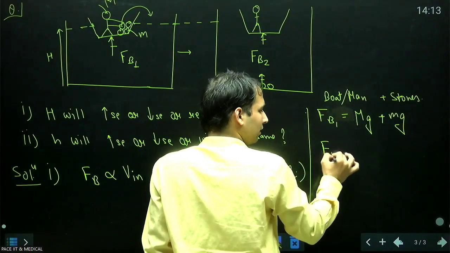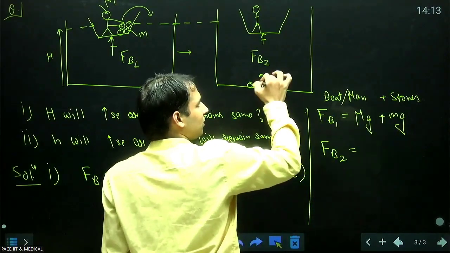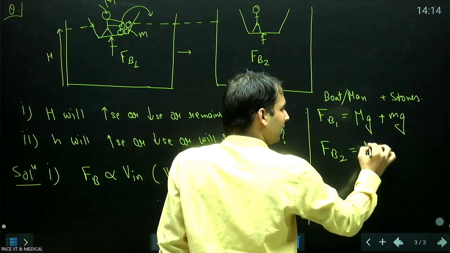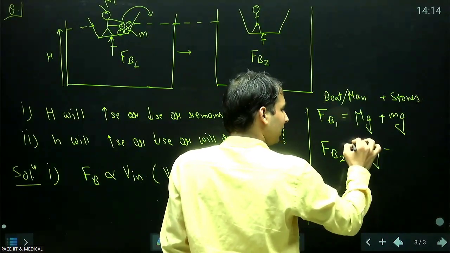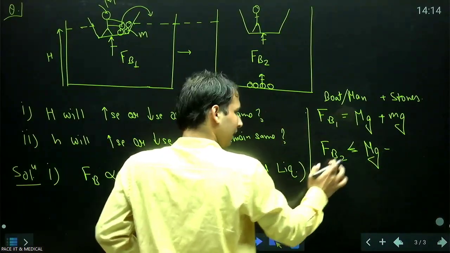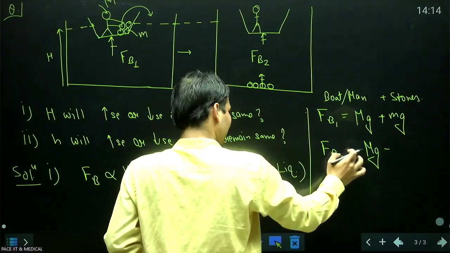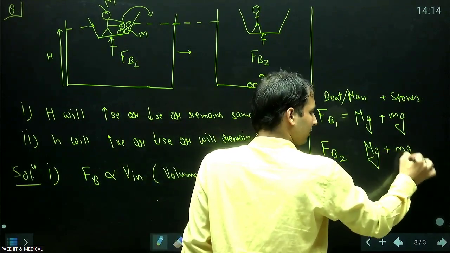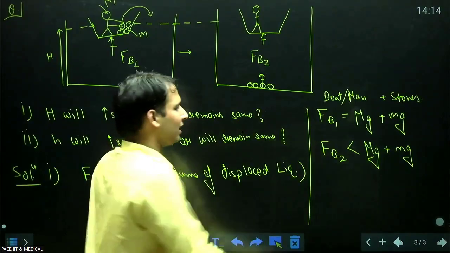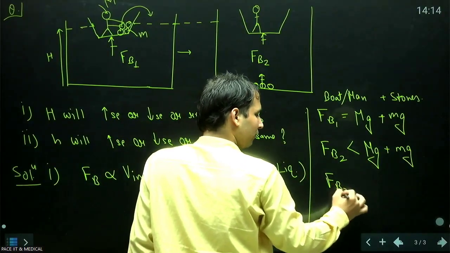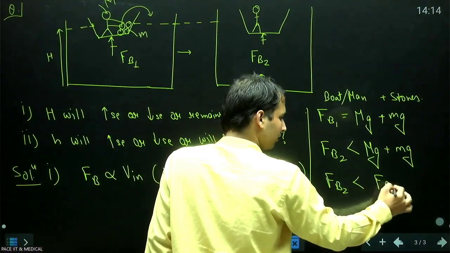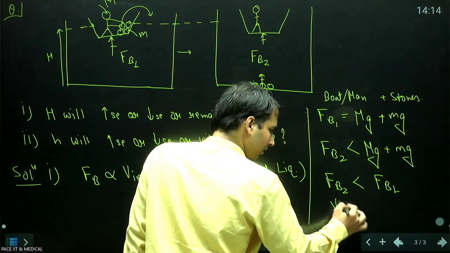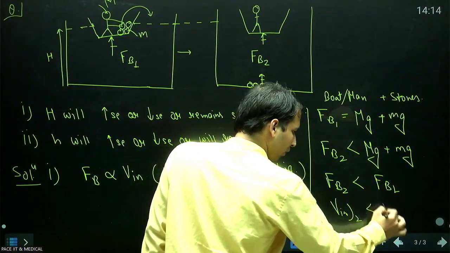Right? In the second case, since the stones are thrown downwards, the buoyant force on these stones will be less than their weight. Okay? So in the second case, buoyant force will be less than Mg plus small mg. So clearly we can say buoyant force in the second case will be less than buoyant force in the first case. Or we can say volume displaced in the second case will be less than volume displaced in the first case.